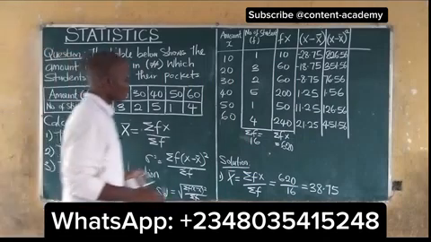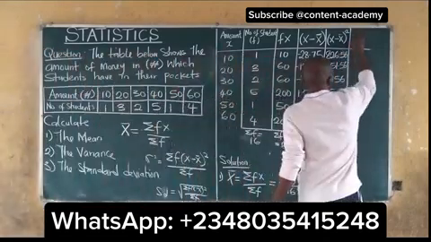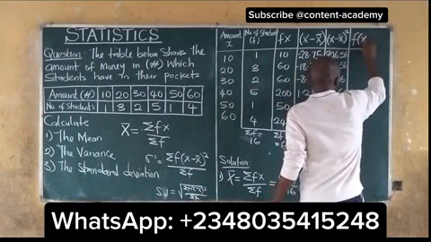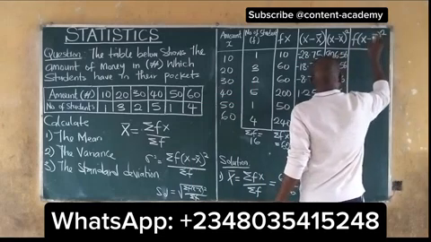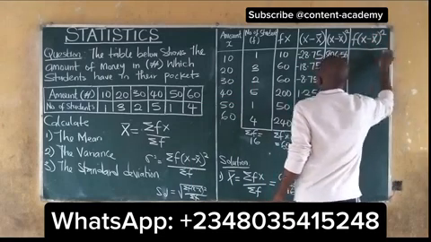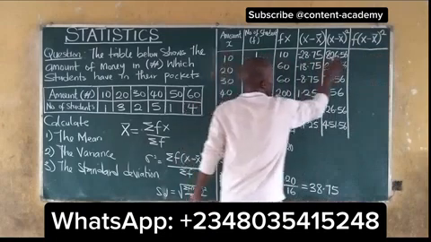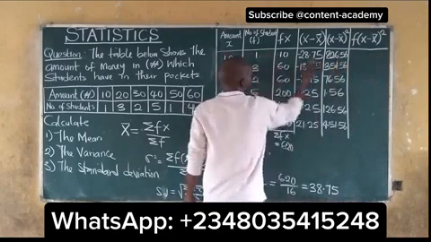The next on the list is f of x minus x bar raised to the power of 2. That means f multiplied by this.